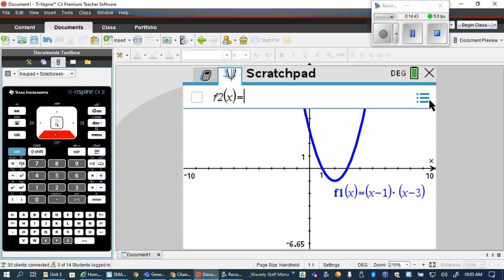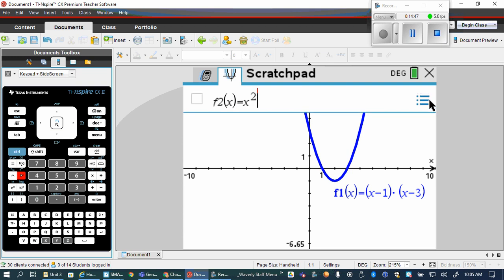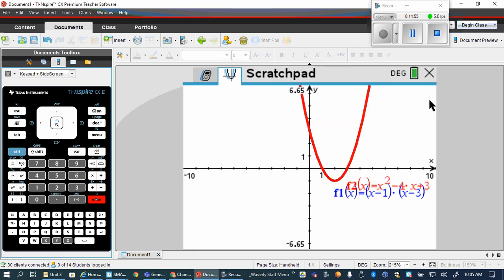It's x squared minus 4x plus 3. Okay? Oh, by the way, did you notice the graph, the second one, laid right on top of the first one? Does that tell you something? That they must be equivalent, right?